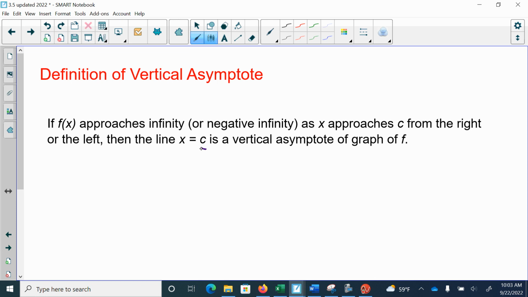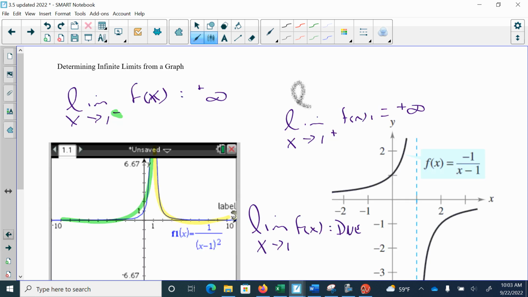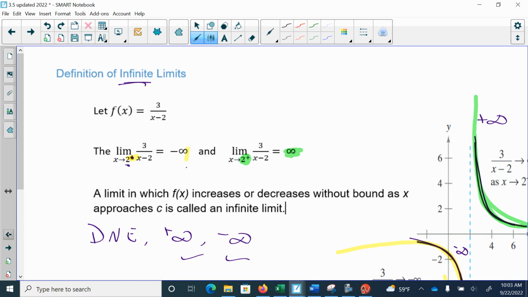It cannot be a number. So the one we just did here, I would have a vertical asymptote at x is equal to 1. This one back here, I would have a vertical asymptote at x is equal to 2. Good? You know that by graphing it.